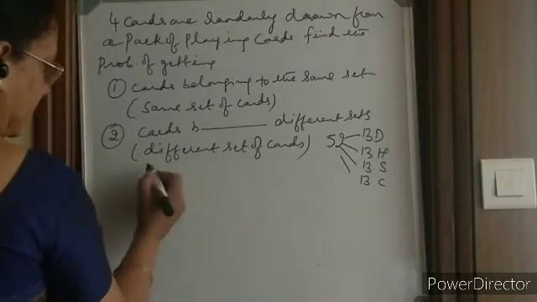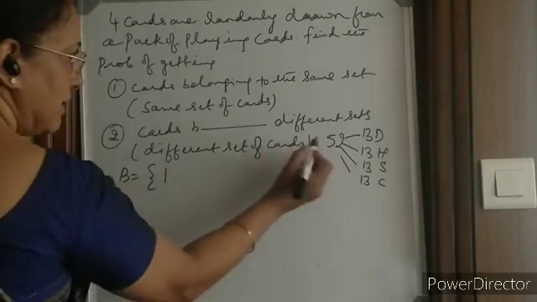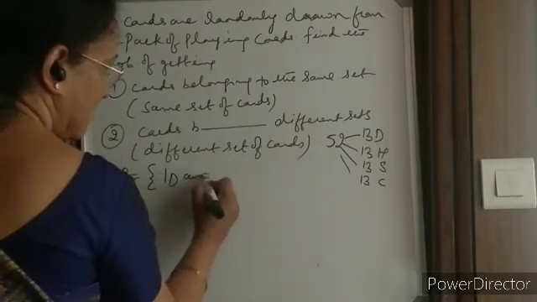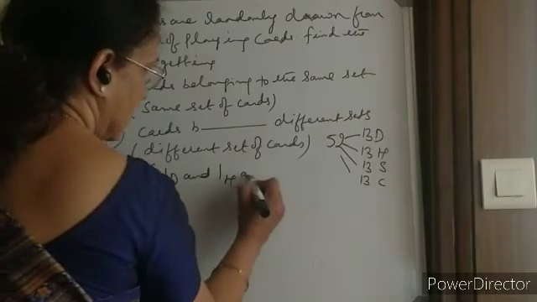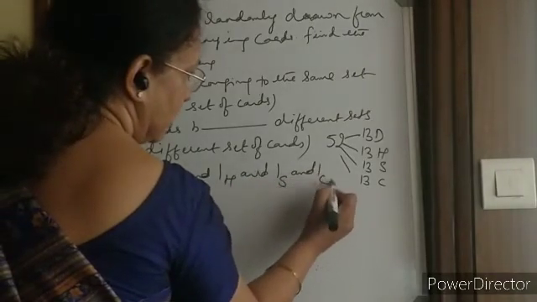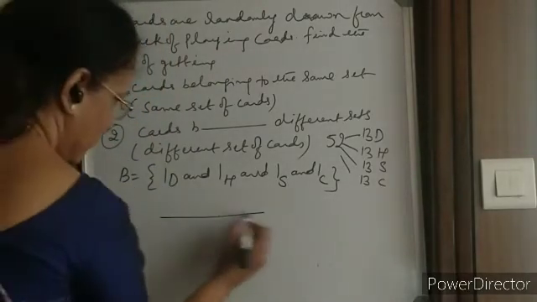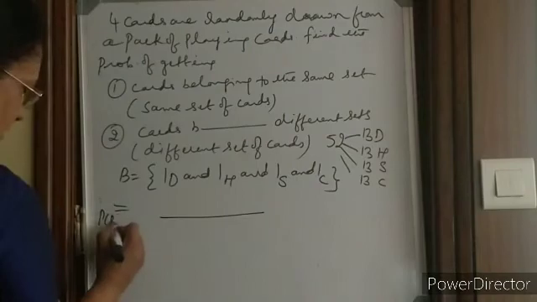So different. So probability of B. This will be 1 should be diamond, and 1 should be heart, and 1 should be spade, and 1 should be club cards.